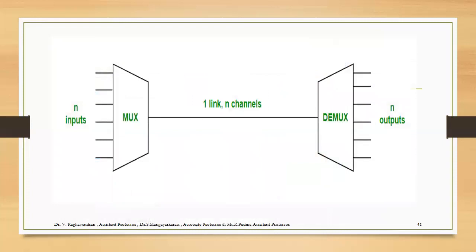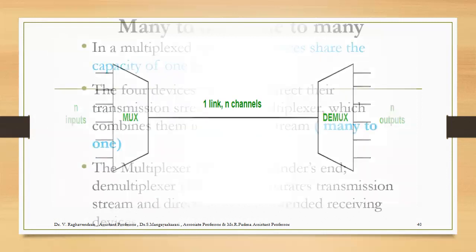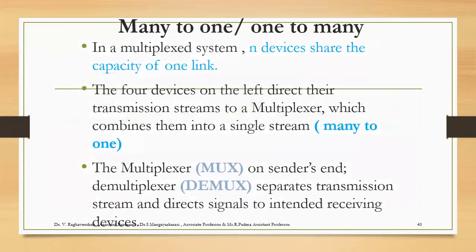Here n number of inputs are combined by a multiplexer, and everything is transmitted over only one link. Using the one link, we can transmit any number of input channels. After that, on the destination side, we use a demultiplexer that converts it into separate outputs, called n outputs. That is what is specified in this slide.